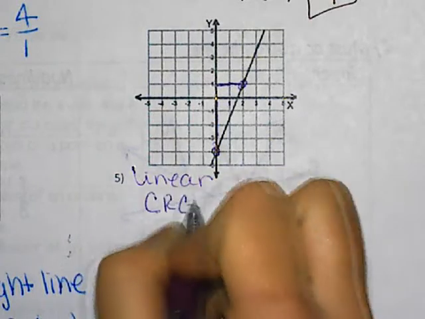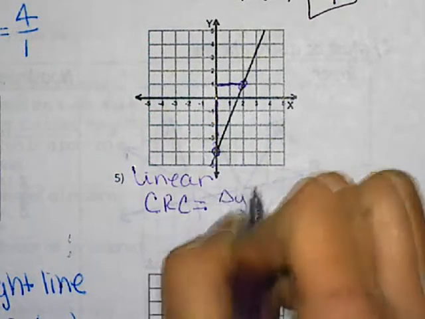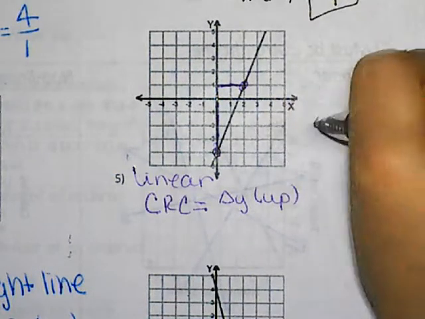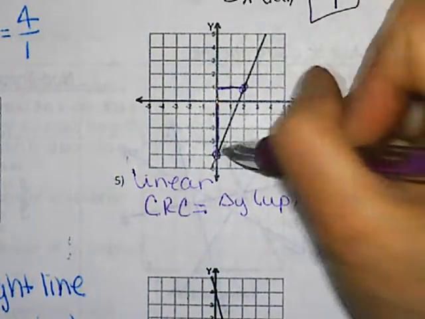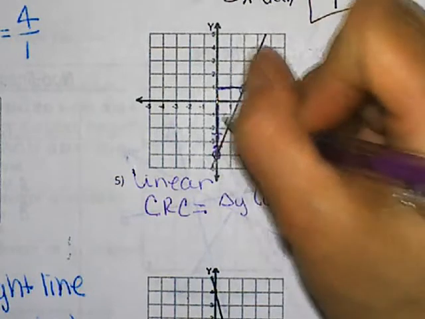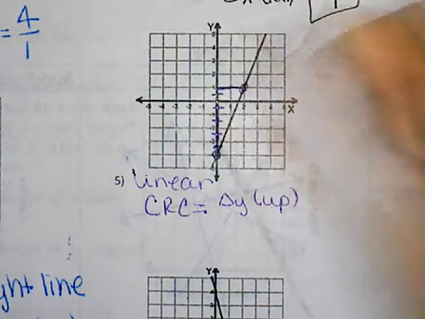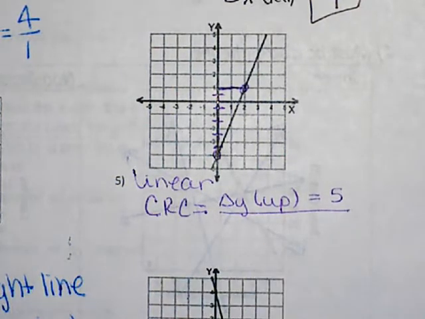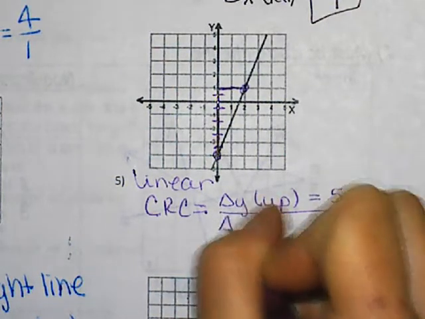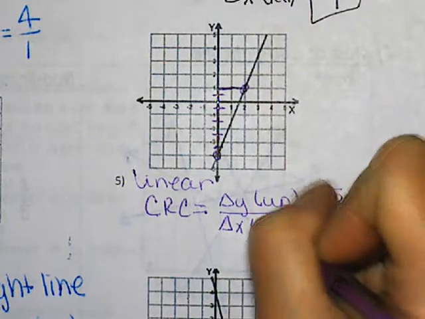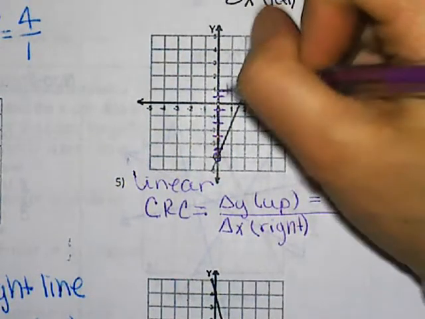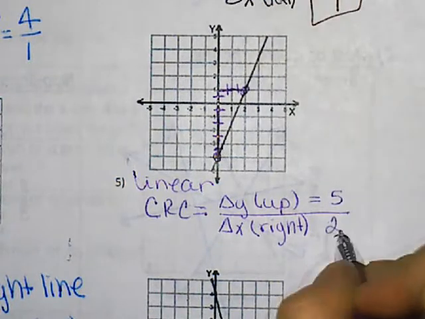For your constant rate of change, you want the change in y, which is how many you're going to go up. I'm going to go up, looks like it's counting by ones on this one, so I'm going up 1, 2, 3, 4, 5. Your change in x is going right, therefore it's going to be positive, and it's going by 1, 2.